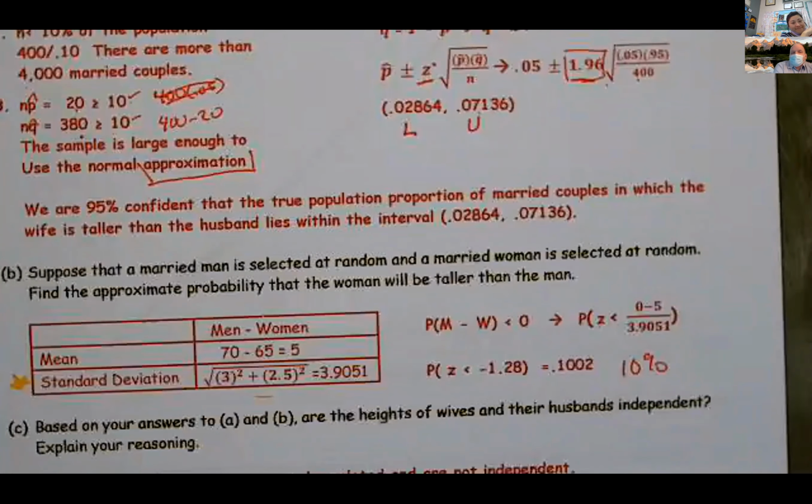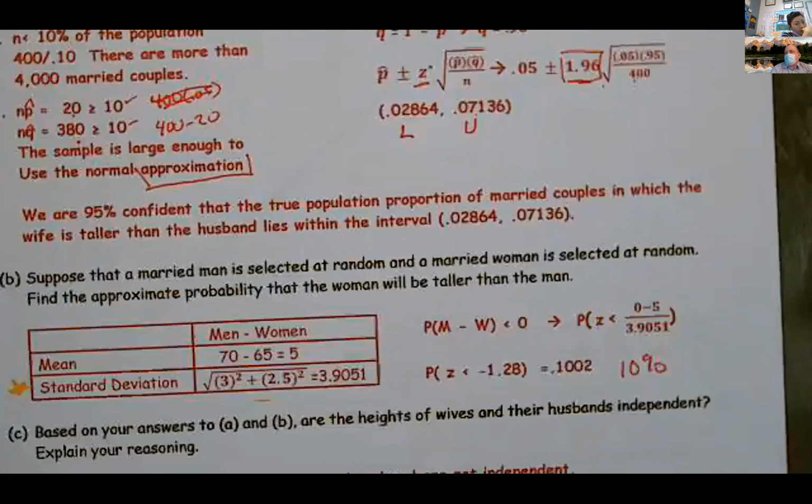But since I'm randomly selecting a man and randomly selecting a woman, it's reasonable to assume that their heights are independent, that the man's height and the woman's height are not dependent upon each other, randomly selected from the population. But remember, in order to sum standard deviations, they must be independent. That's not true for means. We can do means anytime we want to, but for standard deviations, they must be independent.